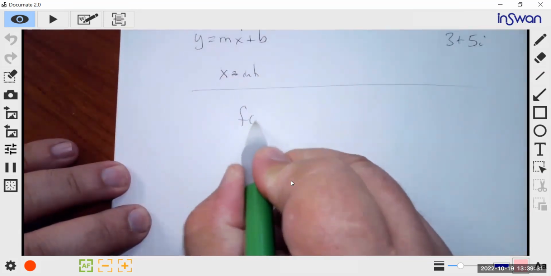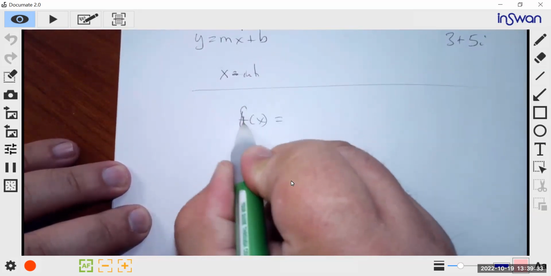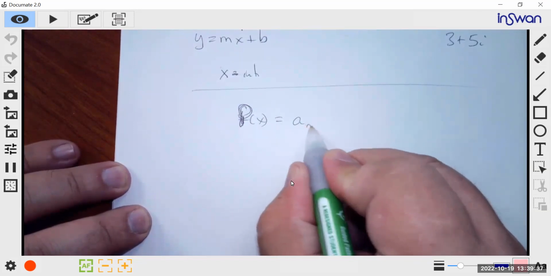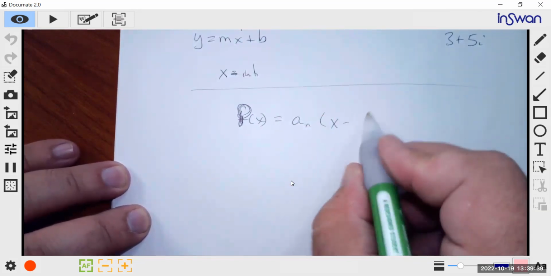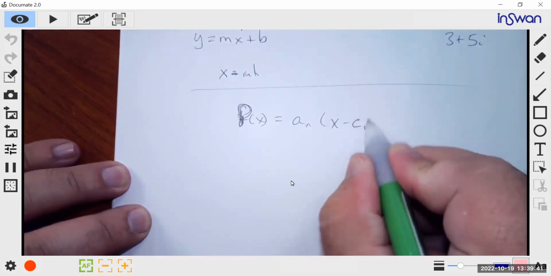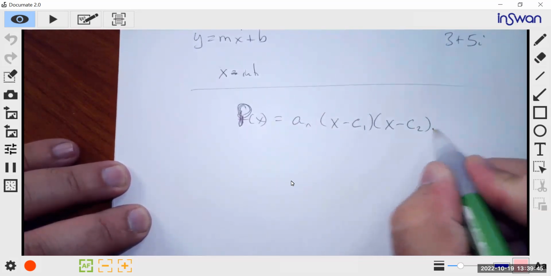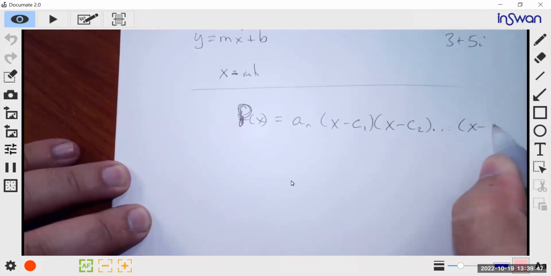So if we take any polynomial, let's call it p, it'll have some coefficient, and it can be factored out into smaller terms like this, all the way up to x minus cn.